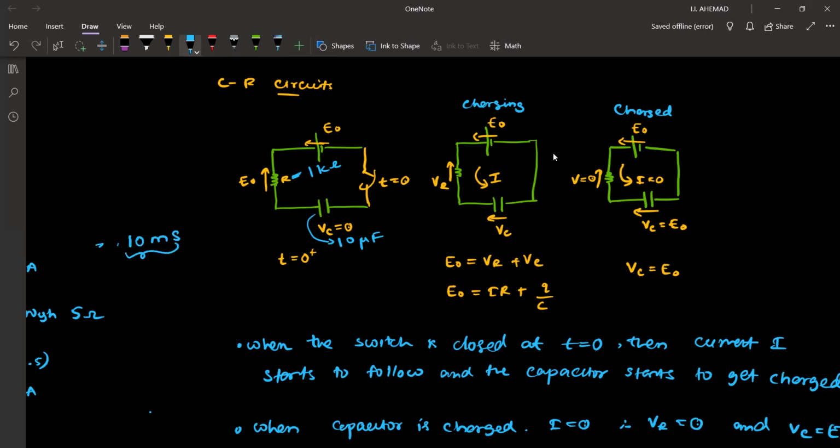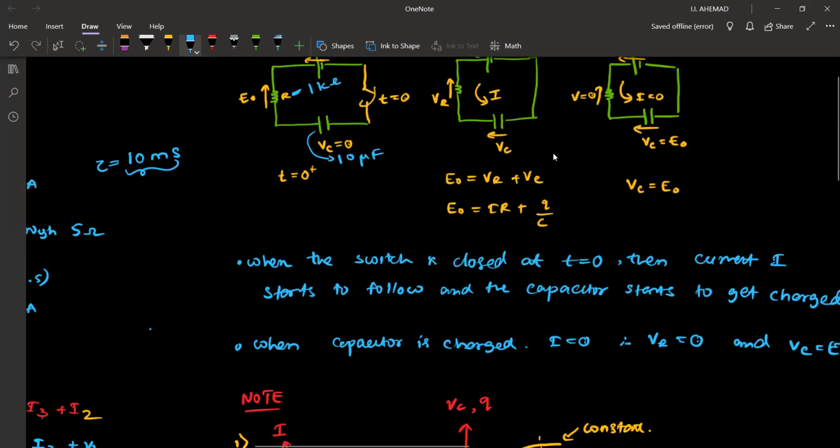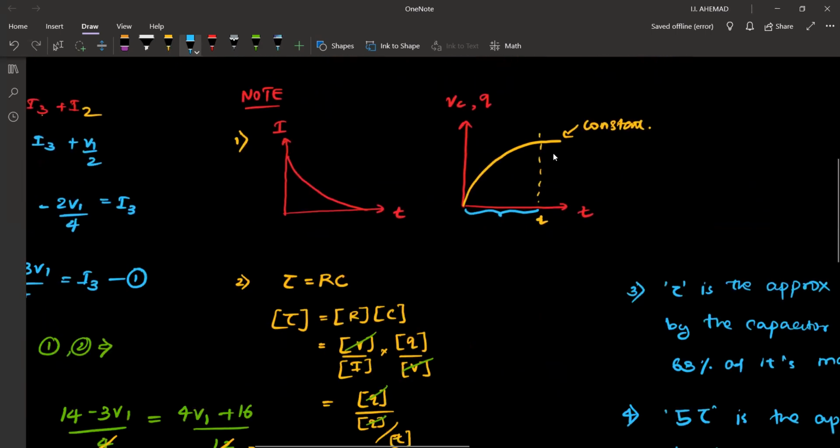So this is tau. Then the time taken to completely charge is 5 tau, so this will be 50 millisecond. Is the idea clear?